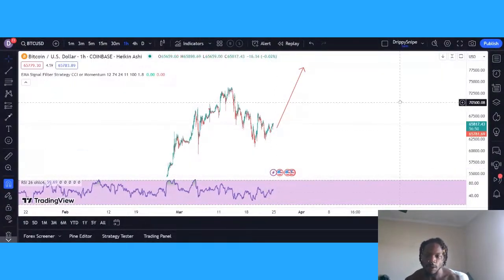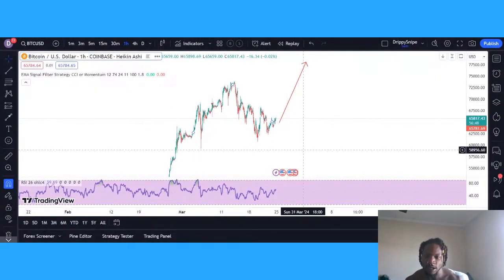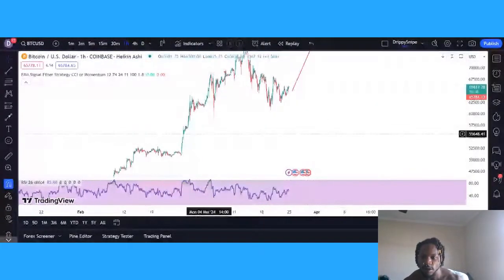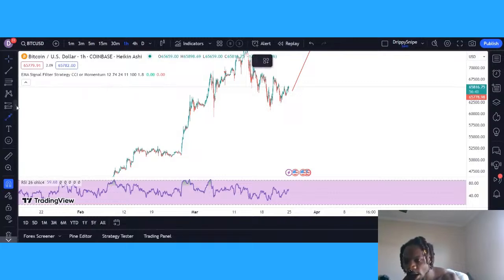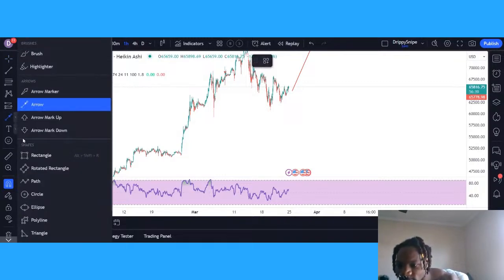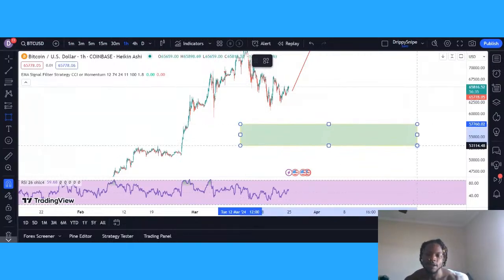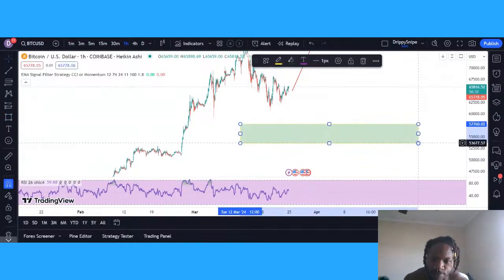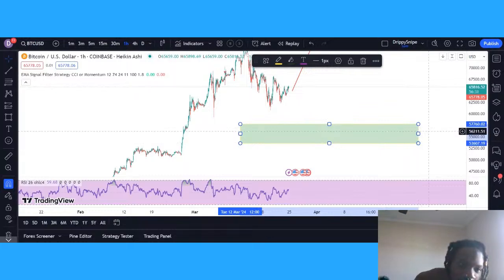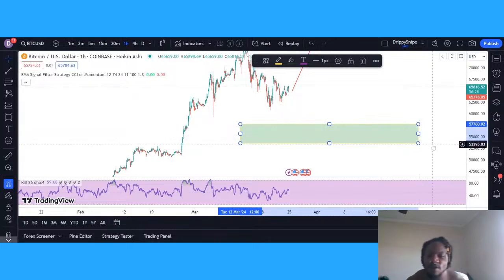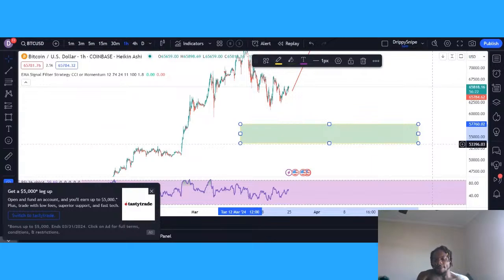It looks strong. We could get a correction towards this area here, and I'm not gonna ignore it and act like it doesn't exist, because it does. We could definitely head towards there, and that'll be a little touch between like 57 and 54K ish. 57 maybe. 54 is probably a mad low.